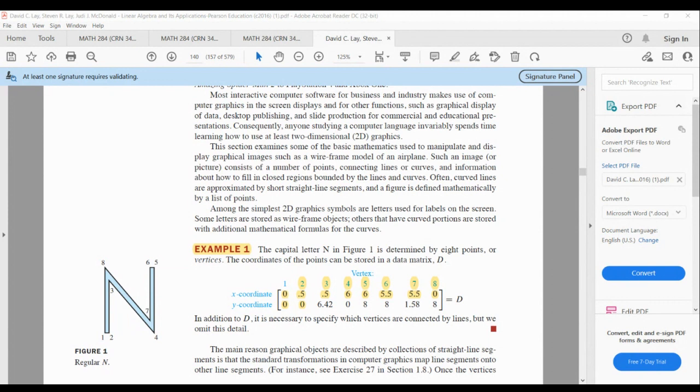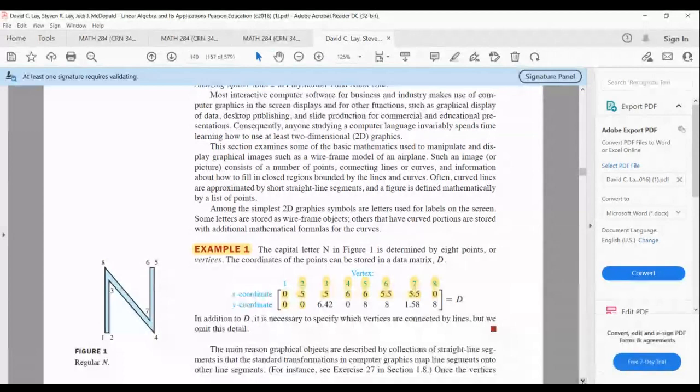We're going to slant this N, but in order for it to slant, some of the coordinates have to be moved. They have to be transformed. Right now this letter N in figure 1 is not slanted at all. If we want to transform the coordinates, we have to multiply by a 2 by 2 matrix on each coordinate.